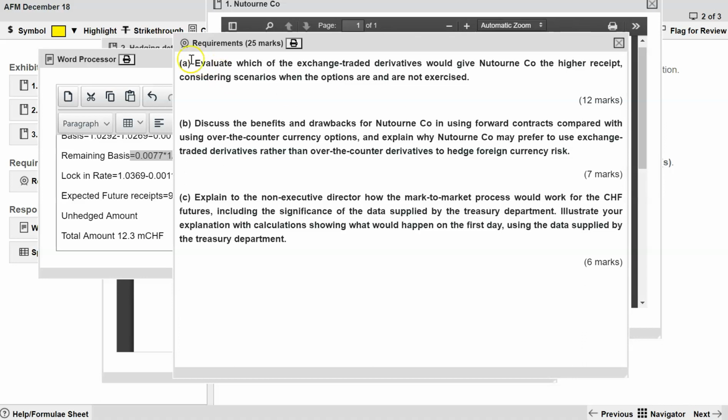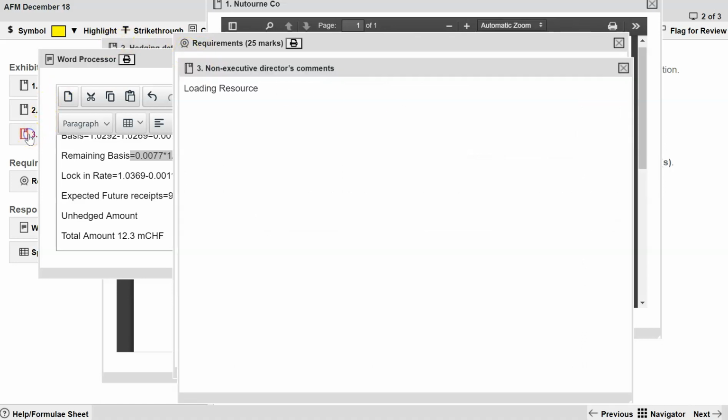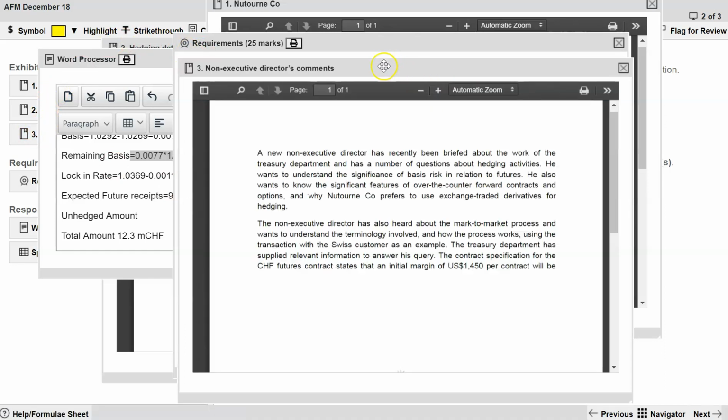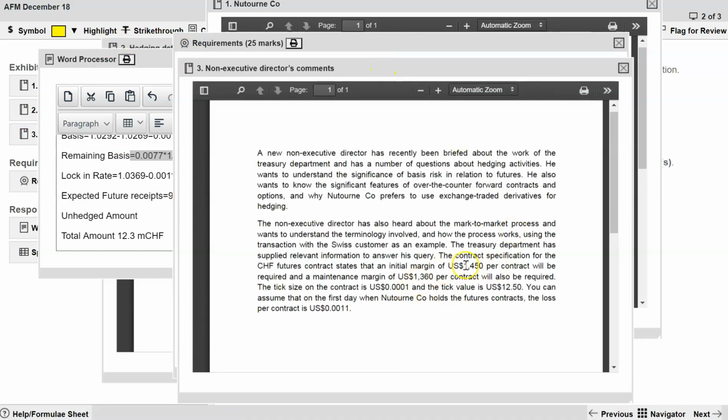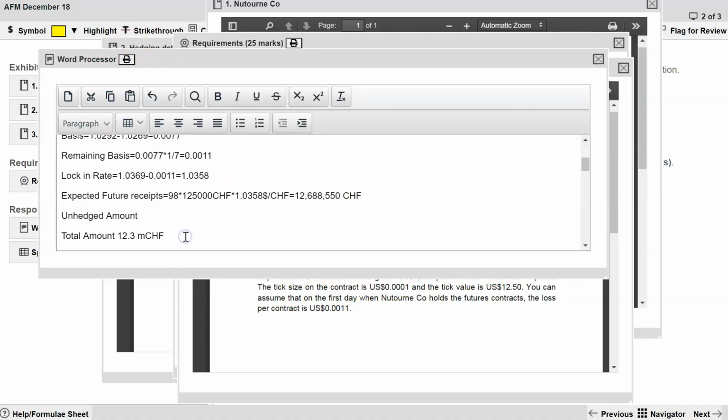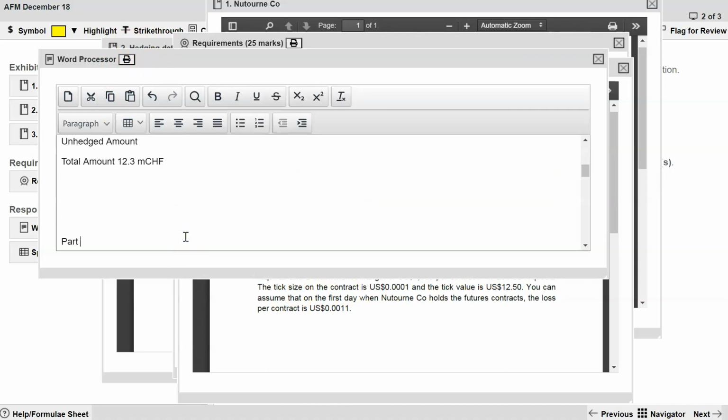So what is the case here? It's a simple example. The contract specification for the futures contract states that an initial margin of $1450 per contract will be required. So let's do the C part. What about the initial margin?